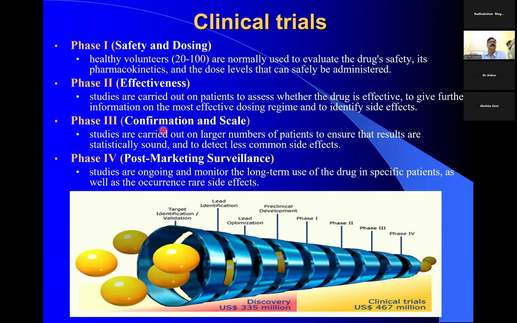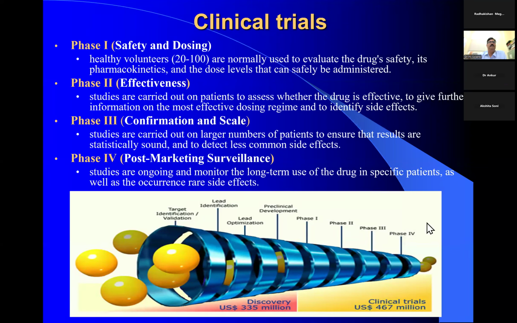Third is confirmation and scale. In this phase, a large number of patients, 100 to 1,000 patients with the disease, are tested, and our goal is to confirm the efficacy and safety established in phase 2 on a large scale, which should be statistically sound and applicable to the general population.